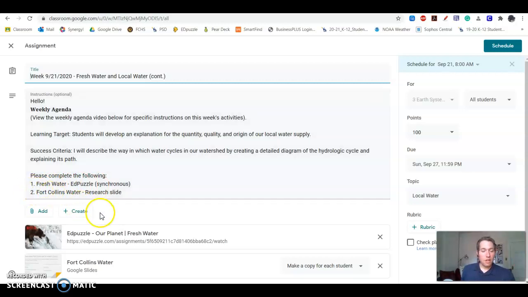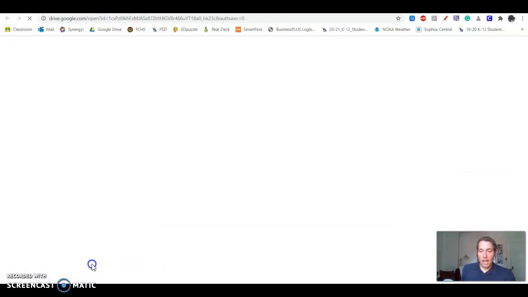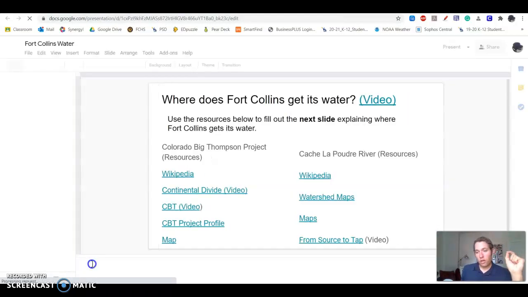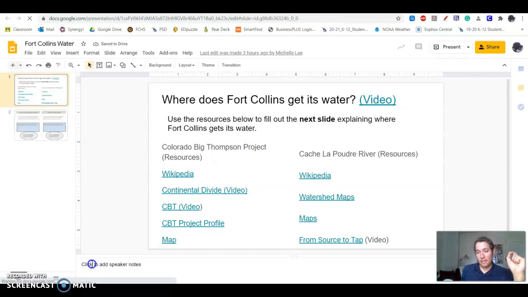You will have your own copy of this Fort Collins water slide. The first slide is research. It's just simply references for you to look through, and we'll look through all of them. We may watch one or two together in class.